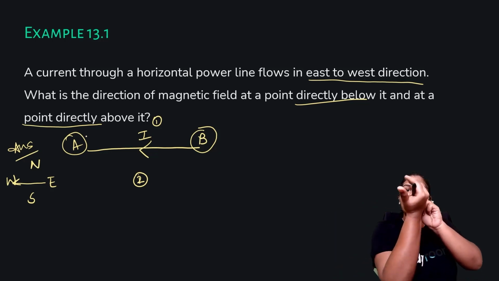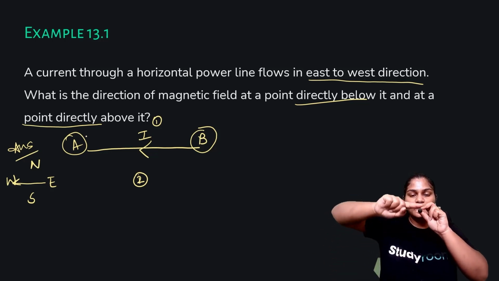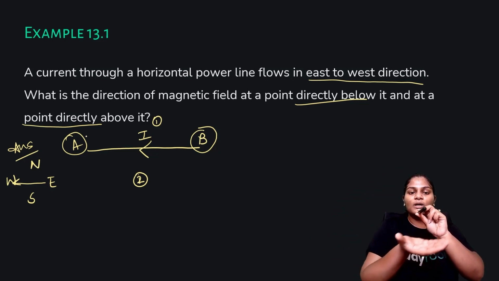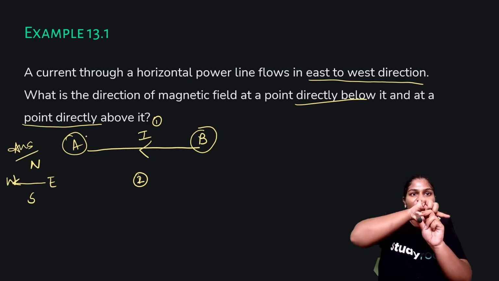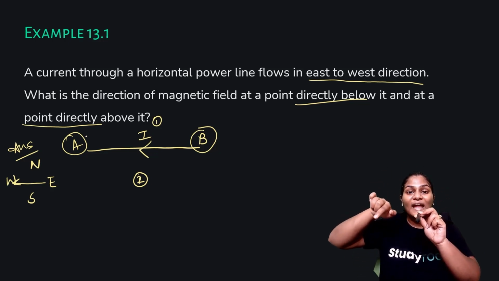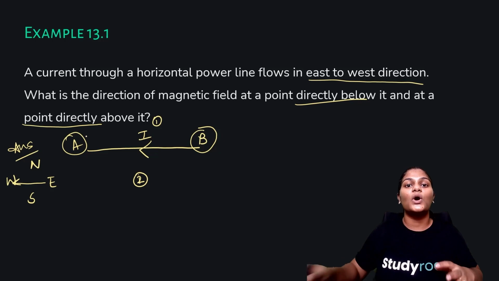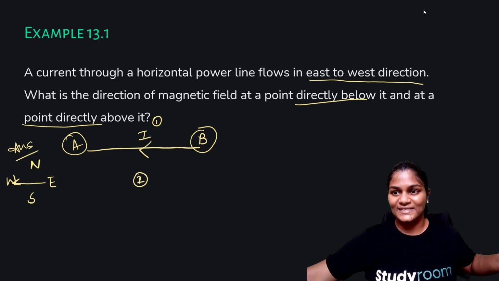So I have to think about directly above it. That means somewhere here. If I'm curving my fingers up directly above it, I can see that it's going from left to right, which we call clockwise, right?